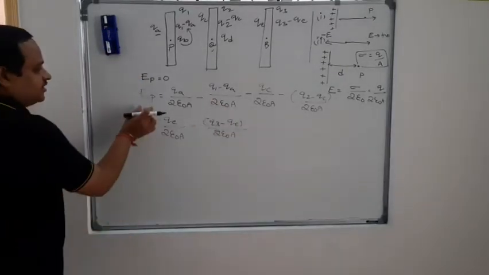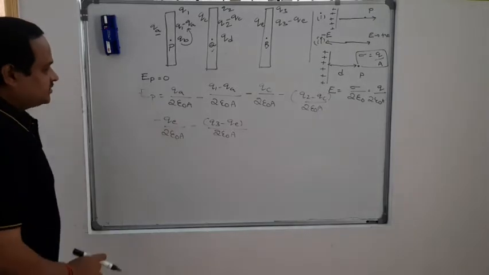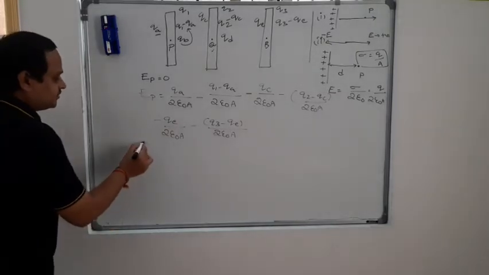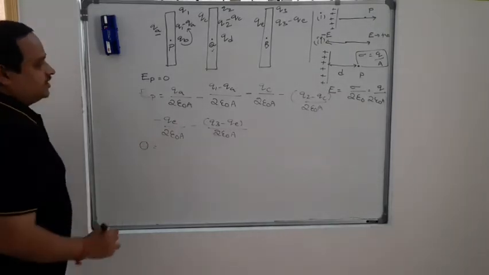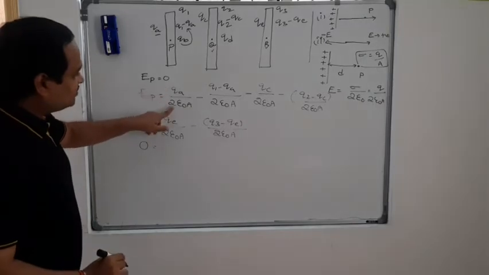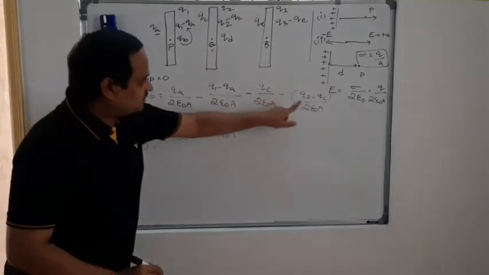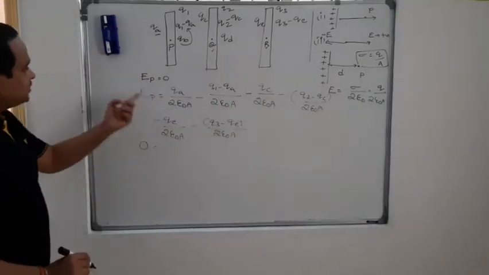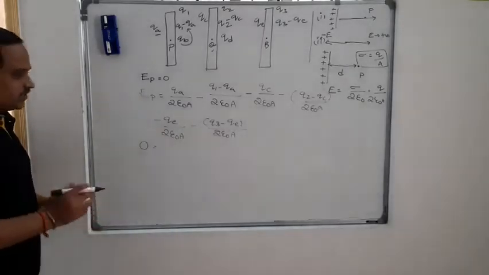So, electric field at P will be 0. So, I am going to equate it to 0 and I am taking 1 by 2 epsilon naught A in all the terms and I am taking to other side. It becomes 0.